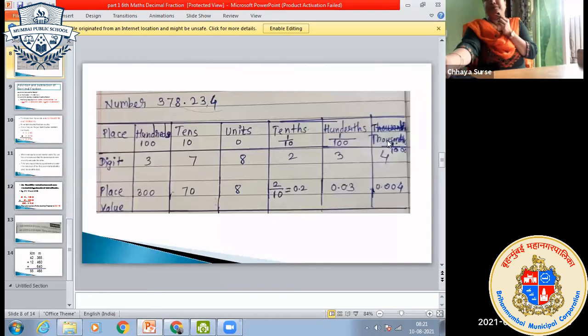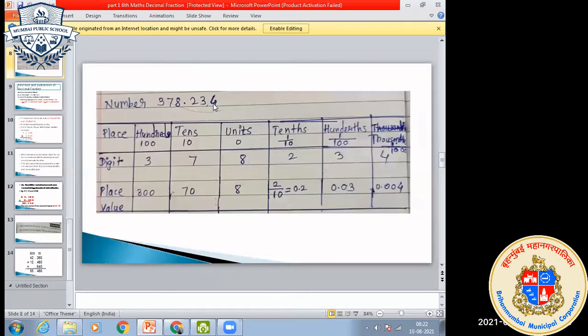Now next one. Thousands place. 1 upon 1000. So the 1000 place, which digit is on the thousands place? 4. Very good.